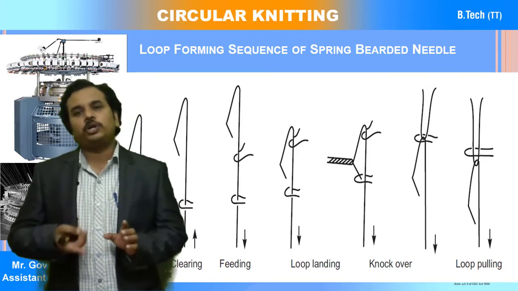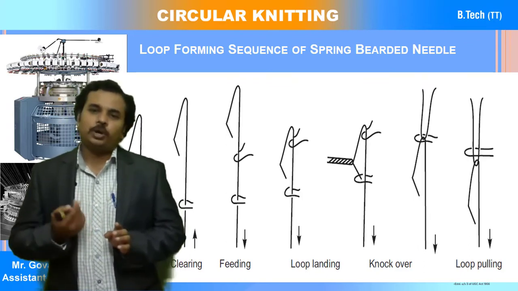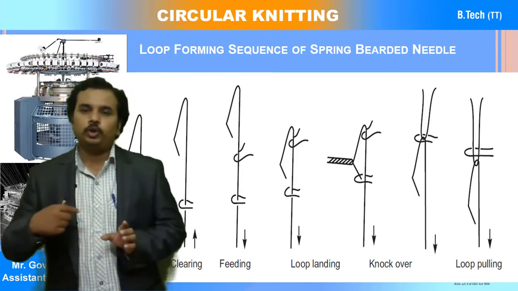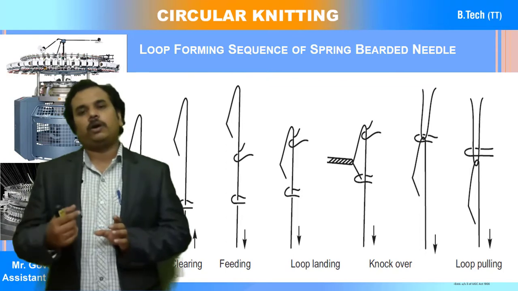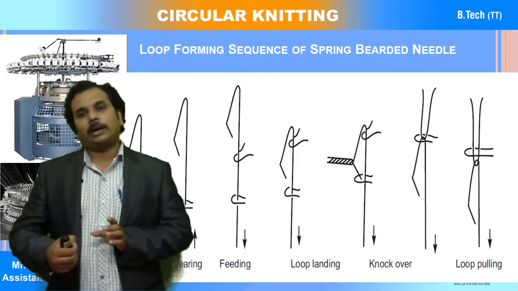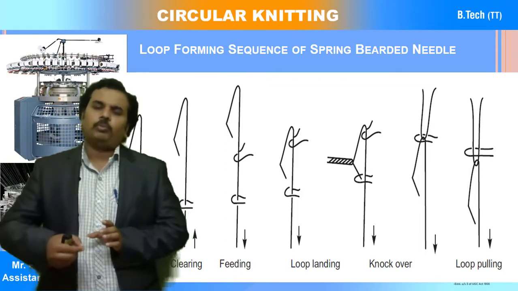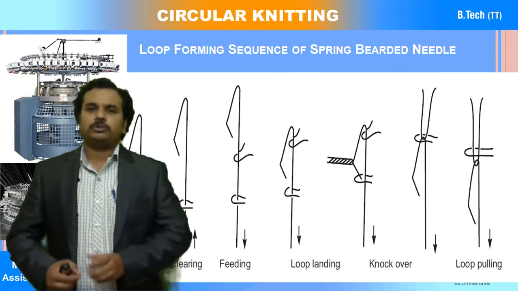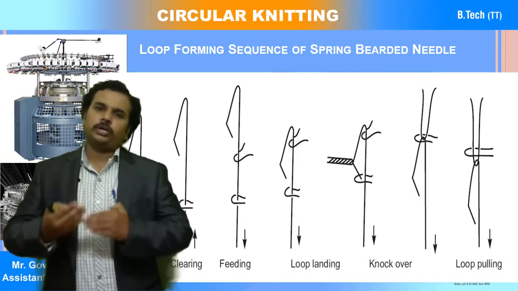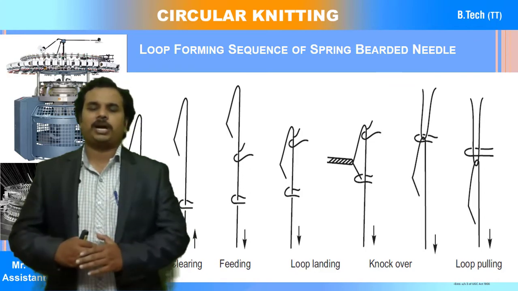How is the latch going to be operated? The latch is going to be operated because of the old loop. Once the old loop is clearing down, the loop is going to push down the latch, completing the clearing. So the old loop is going down the latch part.